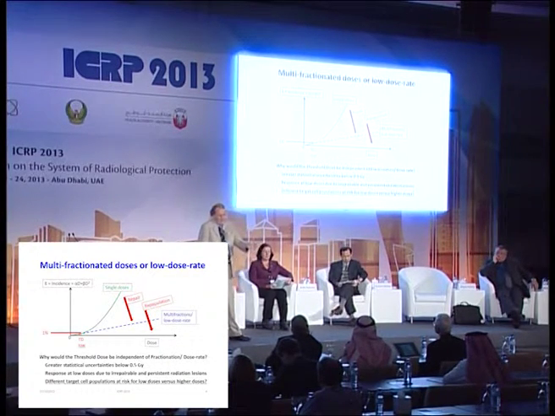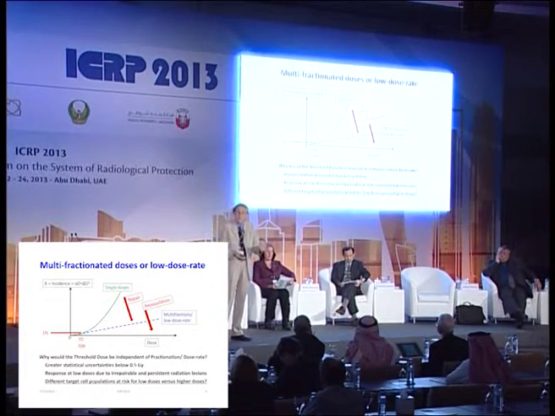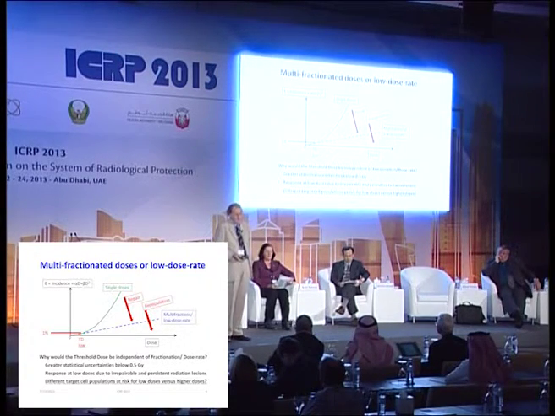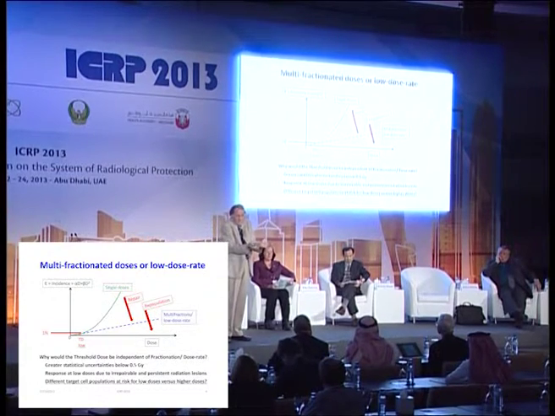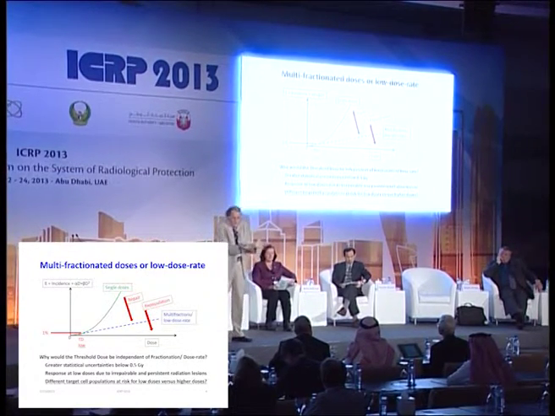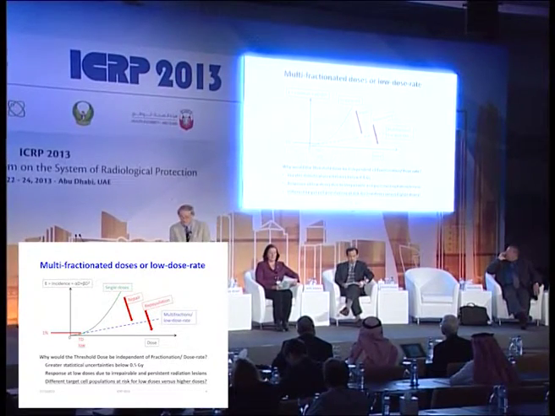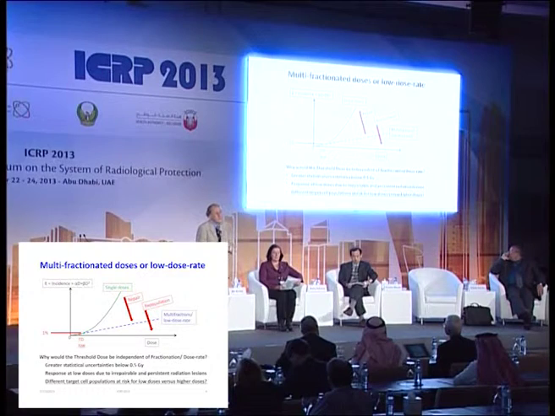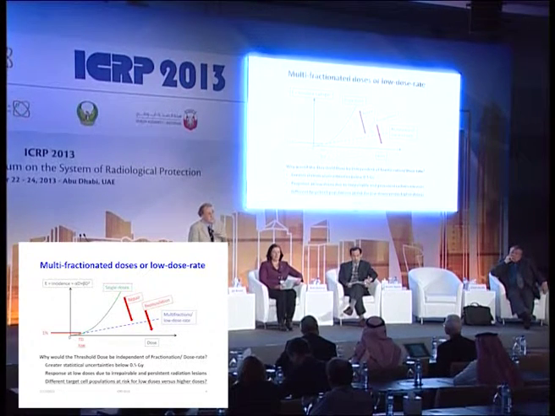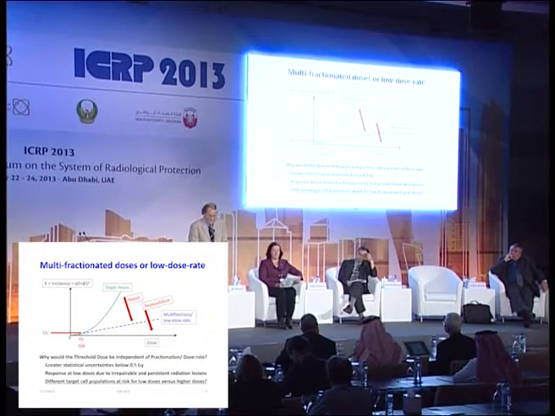And below half a gray, there are these larger error bars, but it is explainable, and you can also say, are there different target cell populations at risk for low dose and high dose for the heart and for stroke, etc.